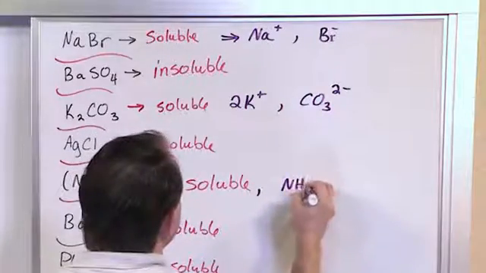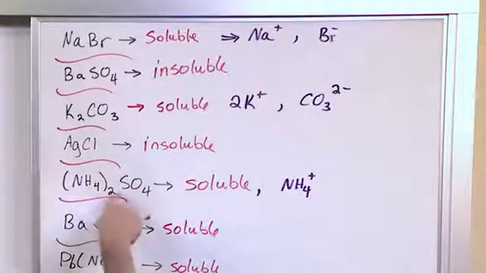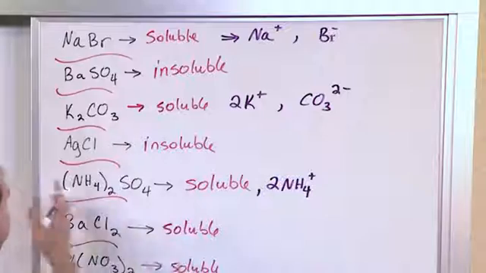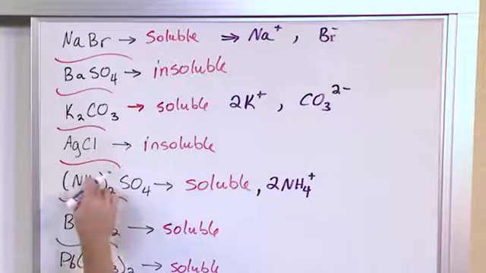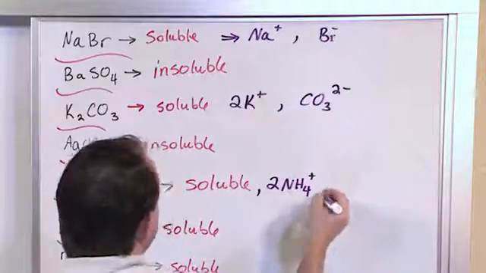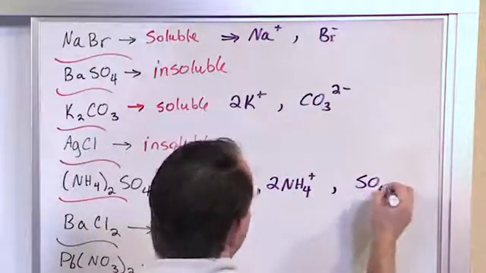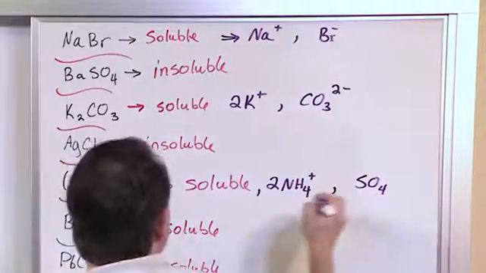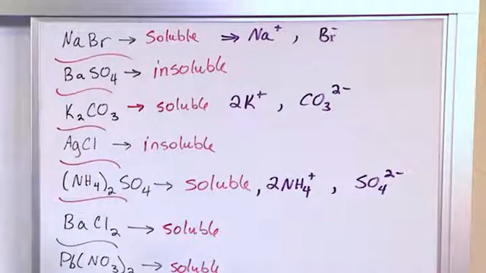So NH4 always wants to form +1 ions. We have 2 of these guys, so I'm just going to carry the 2 in front just to denote that if I have 1 mole of this dissolving or dissociating, I'm going to get 2 moles of the ammonium and only 1 mole of the sulfate. And sulfates, SO4, if you forget, go back to the chart, it wants to have a -2 charge, like this. So those are the ions that are going to form.